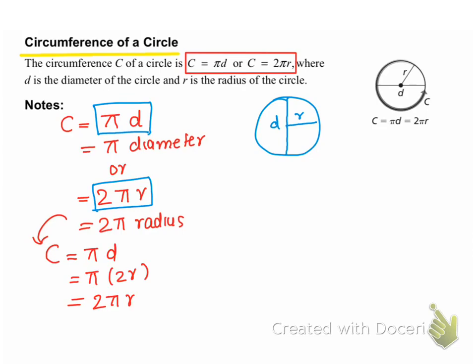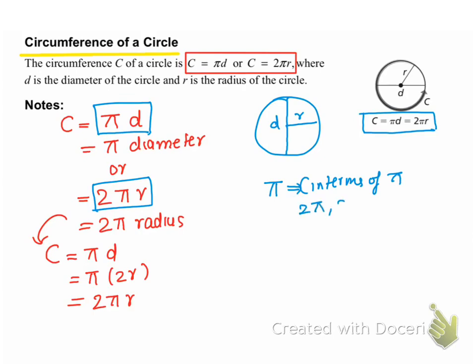All right, so here you have your formula on the right hand side, C equals pi d or 2 pi r. Sometimes the question asks you to leave the answer in terms of pi. So if they say C in terms of pi, it could be 2 pi, 3 pi.